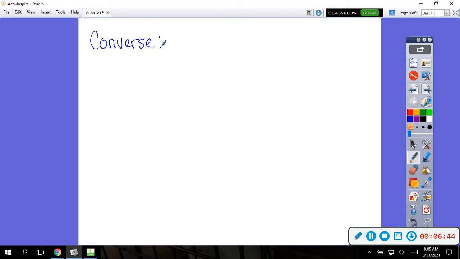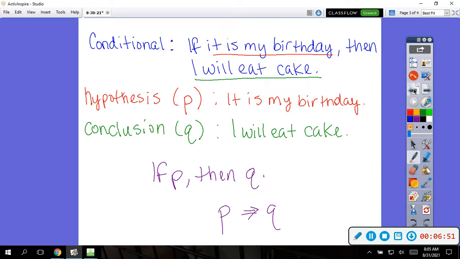I will eat cake if it's my birthday. You didn't switch it. You put if in the second part. You want to keep the if and then in the same place. If I eat cake, it'll be my birthday? Yeah, if I eat cake, then it is my birthday. Sometimes you have to reword it to make grammatical sense, but remember the if and then are not part of the hypothesis and conclusion.